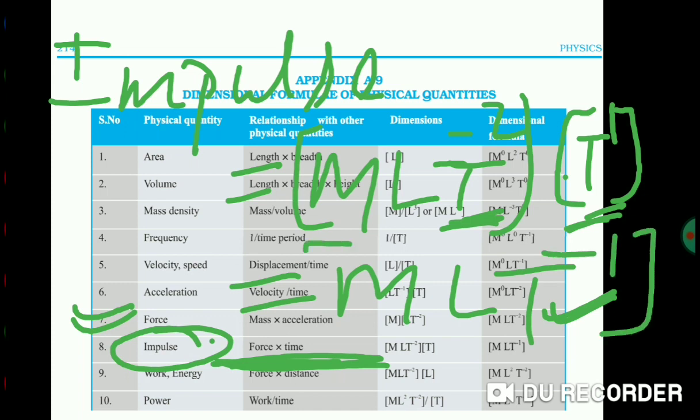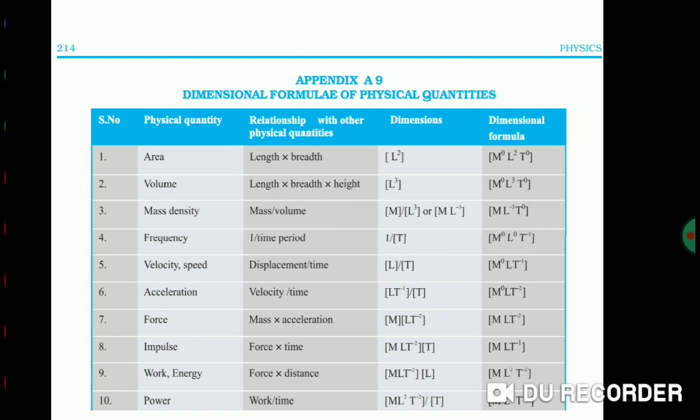So the new dimensional formula is M L T minus 1. Did you get it? Good.